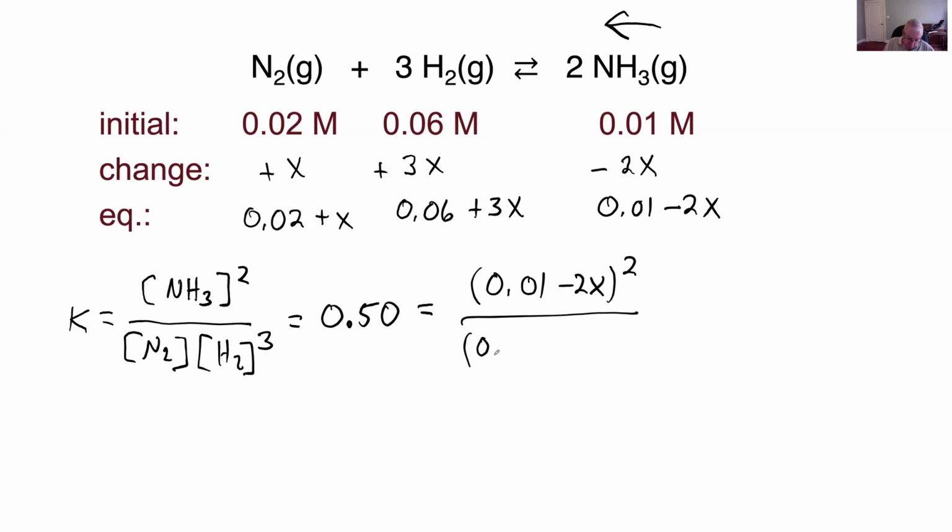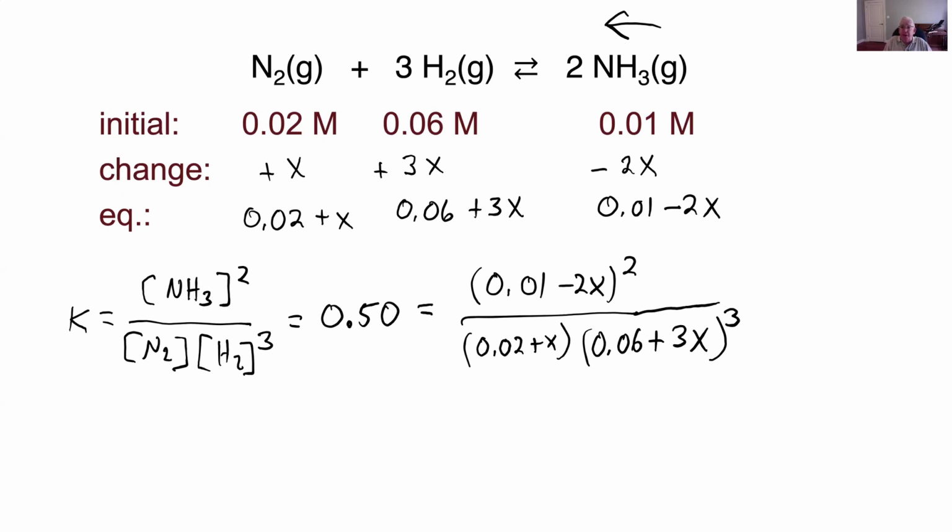Here is 0.02 plus x, that's the nitrogen. And here is 0.06 plus 3x. That one is cubed. Okay, that equation, you can tell, is going to be a little bit rough, right?